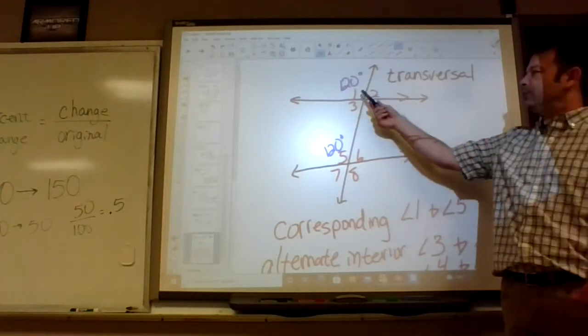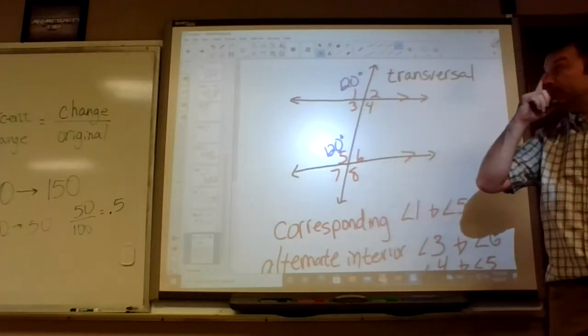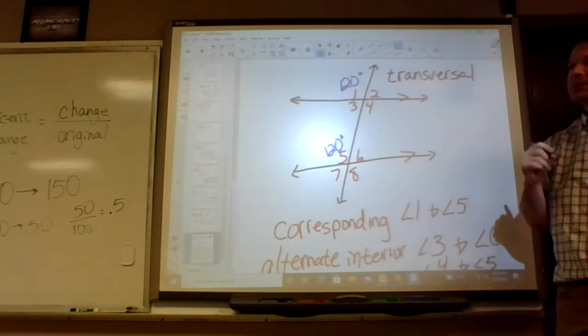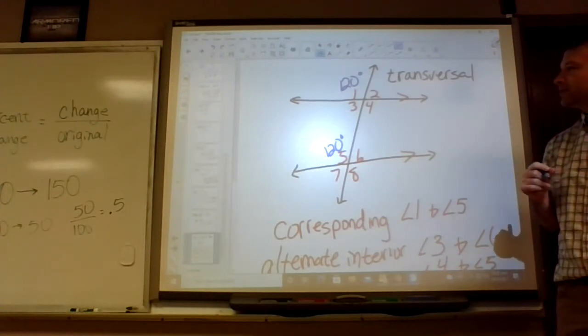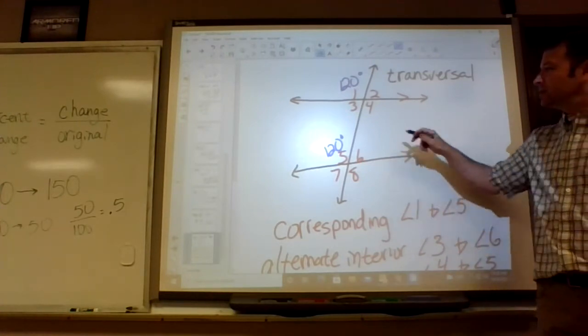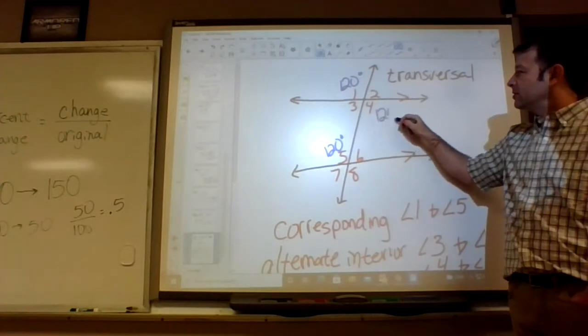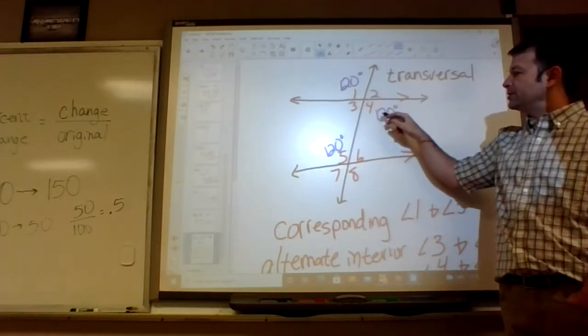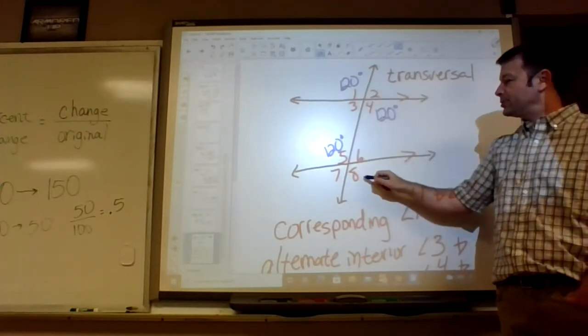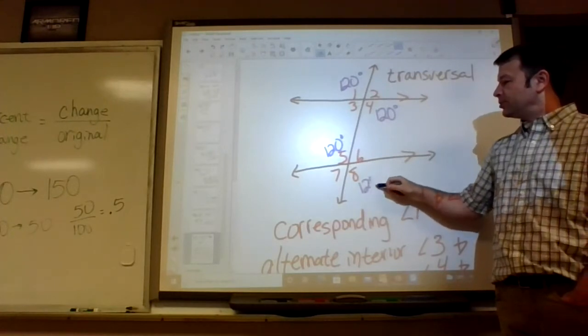Okay, if I know angle 1 is 120, what else can I figure out in the picture? 4. Okay, what's angle 4 have to be? 120. How do we know that? Because they're vertical angles, right? And if 5 is 120, 8 is 120 for the same reason.